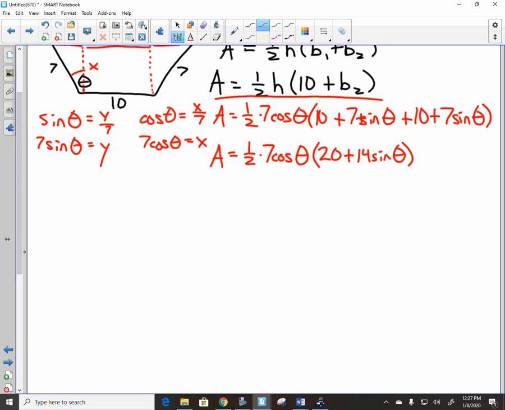Now, this brings up kind of Rachel's question earlier. In some problems, I just multiply both sides by 2, and I'm able to get that to go away. Can I get rid of the 1/2 somehow here? Yeah, if I just multiply 20 and 14 by 1/2, that will take care of it, right? So area is now equal to 7 cosine of theta times 10 plus 7 sine of theta.